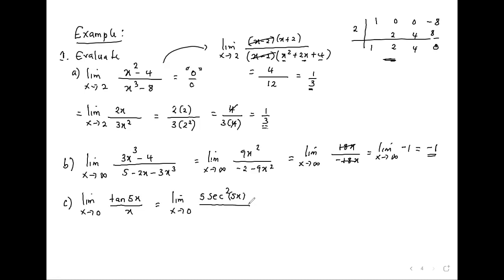You differentiate x at the bottom, you get 1. Then you substitute 0 where there's x. So we have 5 sec squared of 5 times 0. But sec 0 is 1. So we get 5 multiplied by 1, which is 5.